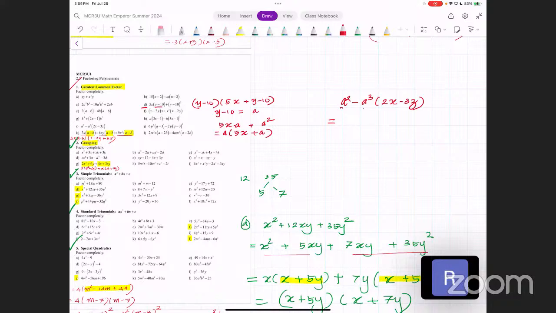You got a squared and a cubed, so you take the lowest exponent that is common. So a squared is the common factor. If I take a squared as a common factor, 1 minus a, because a squared is taken, times 2x minus 3c. That's it. And if you want to write it nicely without a bracket, 2ax plus 3ac. That's fine too.